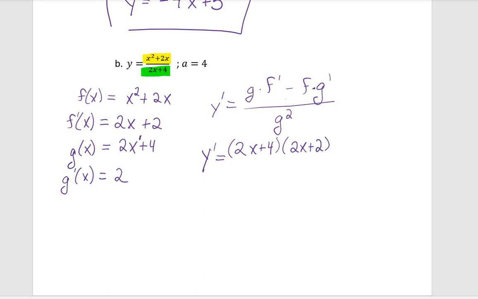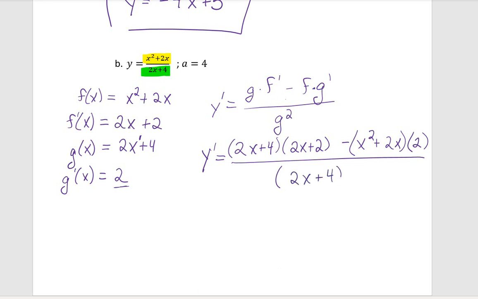So that is g times the derivative of f, minus x squared plus 2x times the derivative of the bottom, which is just 2, all divided by the bottom squared, which is 2x plus 4 squared.